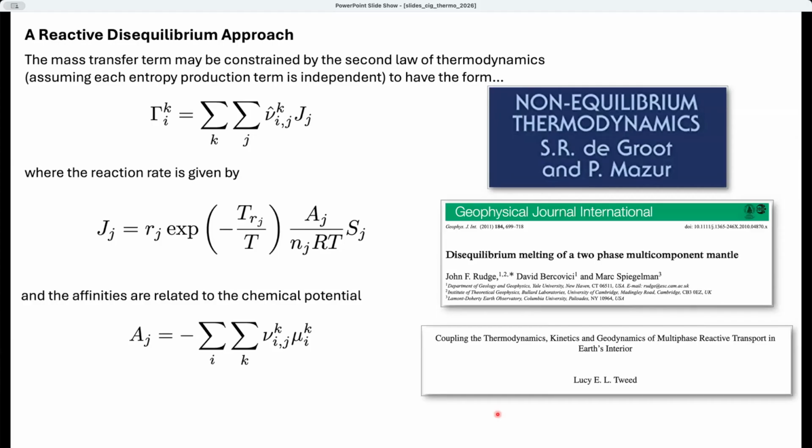But ultimately, our reactive mass transfer rates end up being related to our chemical potentials through the affinities. And so we're closing our geodynamic model here with the derivatives of those free energies that we coded up using coder symbolically.